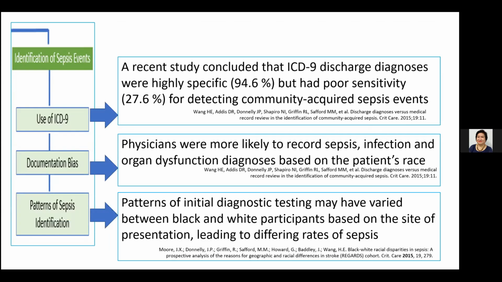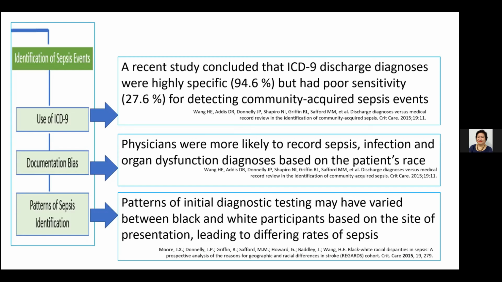Because present-on-admission flags are not commonly available in discharge data sets used for research purposes, prior sepsis studies were also unable to disentangle early community-acquired sepsis from later hospital-acquired sepsis. Therefore, this approach could lead to documentation bias, and research suggests that the use of discharge diagnosis tends to have poor sensitivity to detect sepsis.